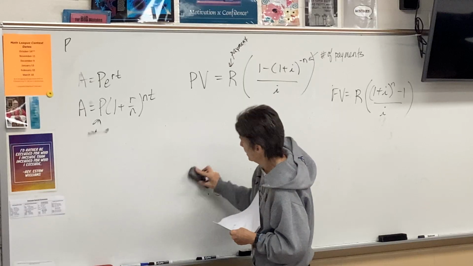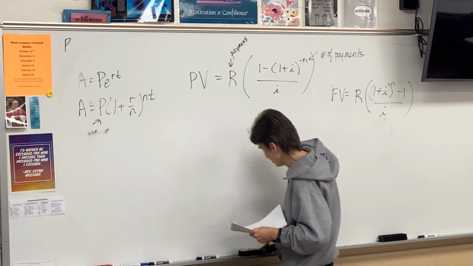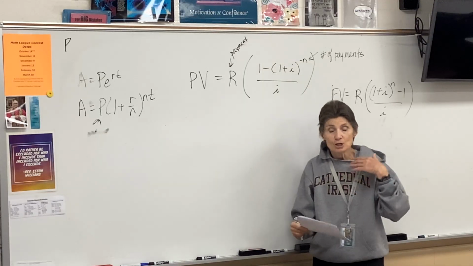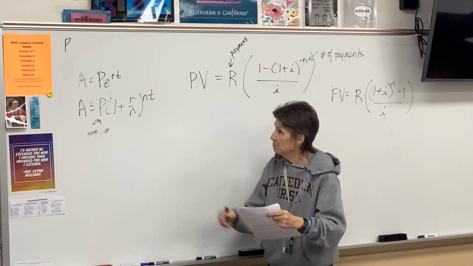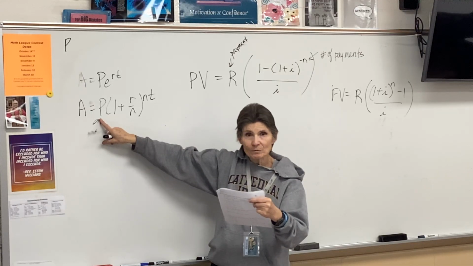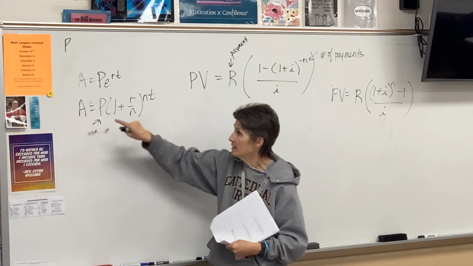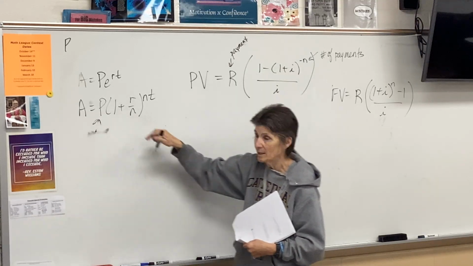Which formula are we using? She is not making regular payments. She's going down to the bank, handing them $8,000 compounded monthly, and she wants to end up with $16,000. We are using that formula.